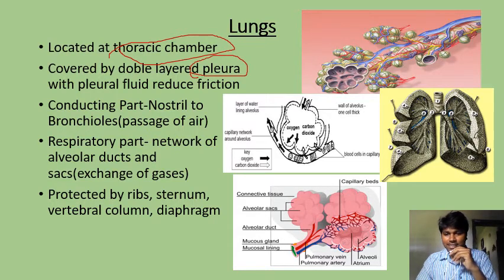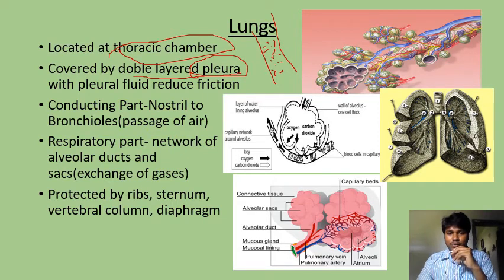Since it is two layered, it is called double layered pleura, and between these two layers there is a cavity called the pleural cavity. This cavity is filled with pleural fluid, and it is useful for protecting the lungs from sudden jerks and shocks.